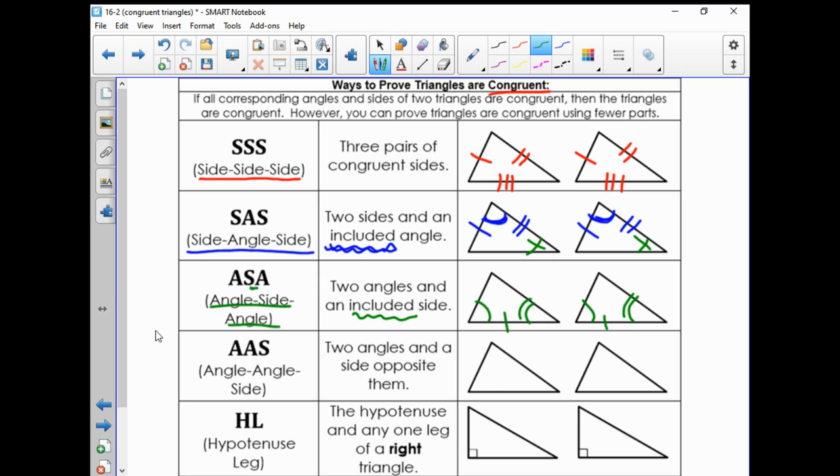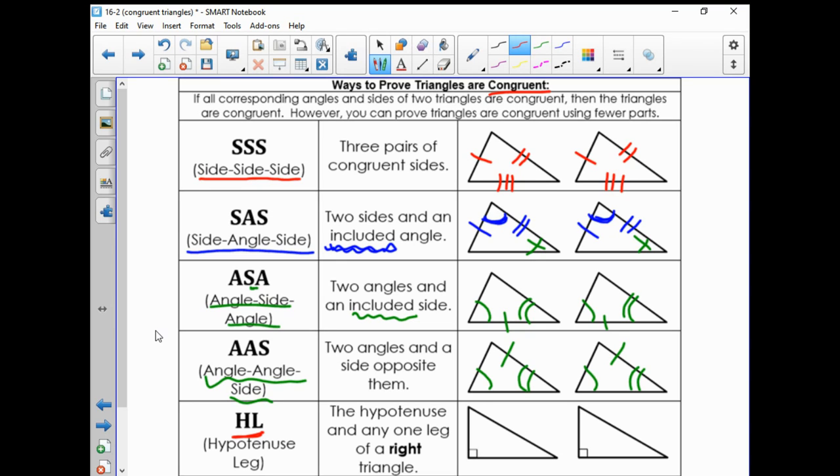Okay, so if it were a side that's not in between those 2 angles, say it was this side over here, that's going to be our angle, angle, side. So it says 2 angles and a side opposite them. So the side not in between them, opposite one of those. And then our last one, it looks like there's only 2 bits of information on this one, but there really is 3 as well.